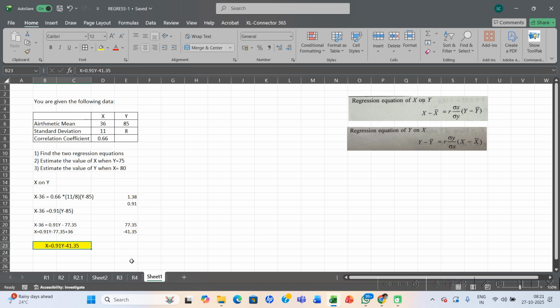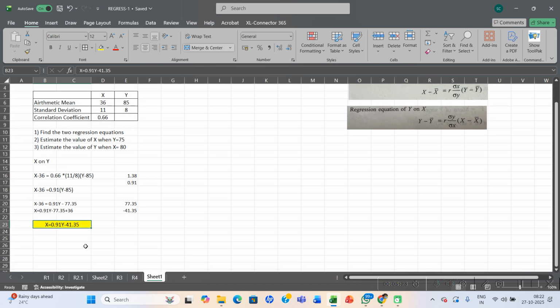Now we need to estimate the value of x when y equal to 75, the second part of the question. The only thing you need to do is substitute the value in the same equation.